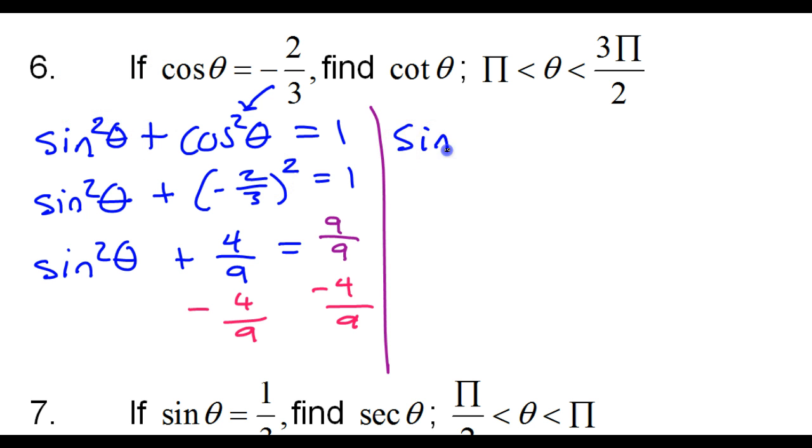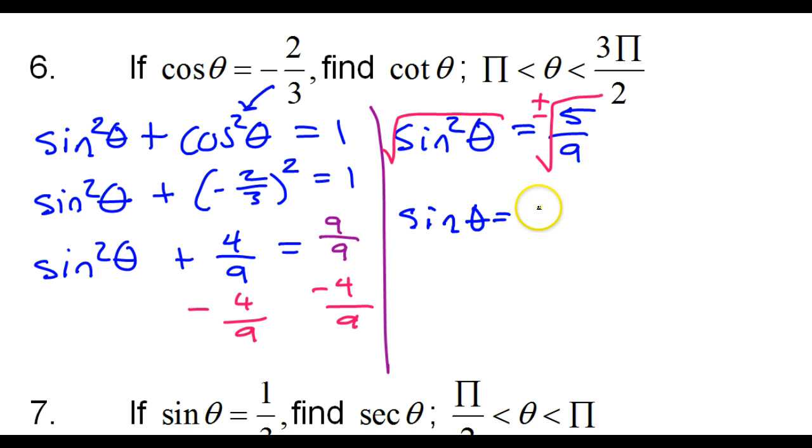So that'll give me sine squared theta is equal to, now 9/9 minus 4/9 is 5/9. And when I take the square root of both sides, don't forget your plus or minus, I'm going to get sine theta is equal to plus or minus radical 5 over 3. I was able to take the square root of the 9.